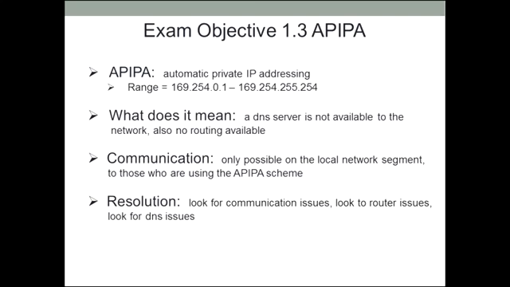A lot of routers have DHCP servers built into them, particularly in the small office, home office setting, and they are what hands out the IP addresses to the PCs. Now, if your machine can't get to one, or there's no router available, or there's no DHCP server available, it will get an APIPA address.